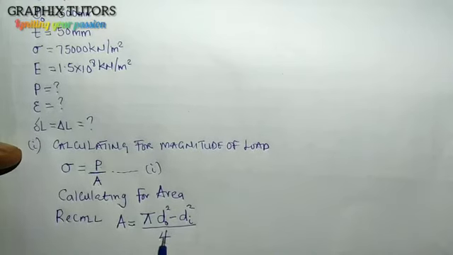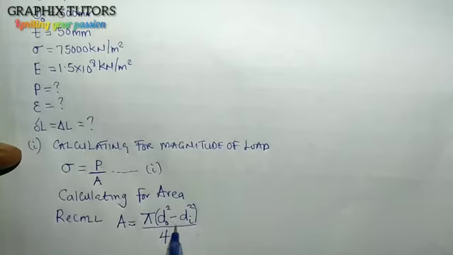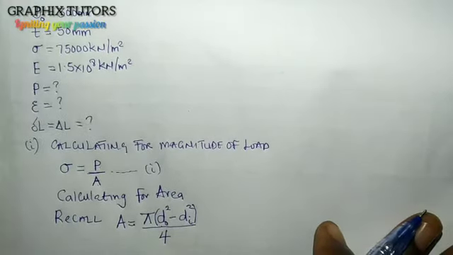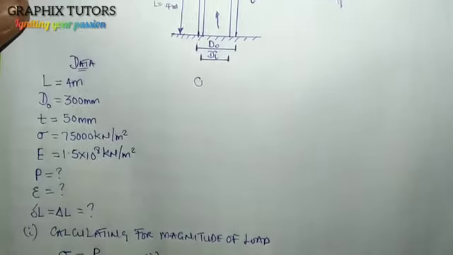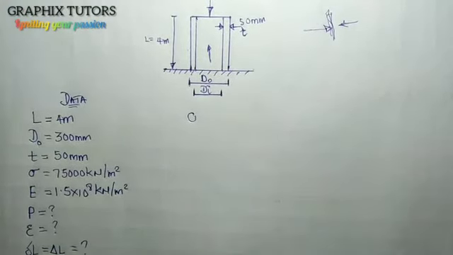So this is the formula for a hollow cylinder. But for a solid one, it will be pi d square over 4. But since it's hollow, we're going to say the outer diameter minus the internal diameter. Now we know what the outer diameter is, but we don't know the inner diameter. So to save our time, I'm going to calculate our internal diameter at the top here, which you can do before you start the calculation.